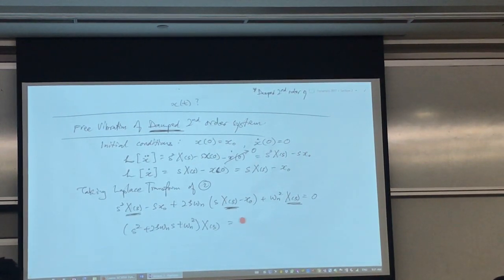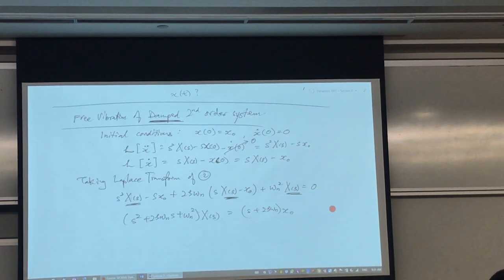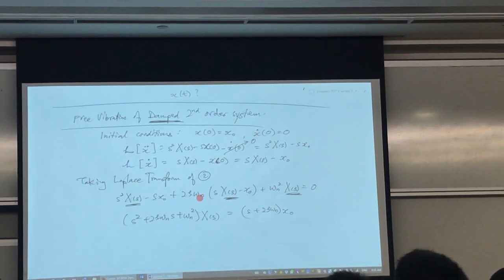And bring the rest to the right hand side. So I'll have it simplified in the following way: s plus 2 zeta omega n. That's x naught for s, and x naught over here times 2 zeta omega n.